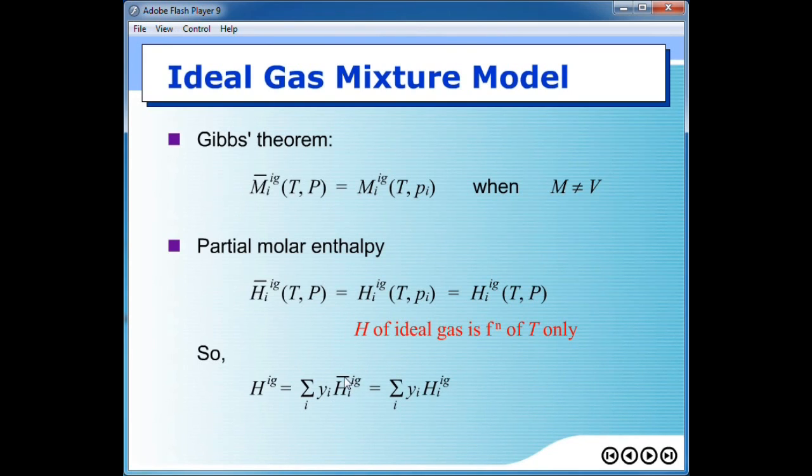You can say that the partial molar enthalpy would equal the molar enthalpy of the pure species. Therefore, if you combine these two, you can calculate properties of the whole mixture if you know the properties of each constituent species. This can be done because of this equation.